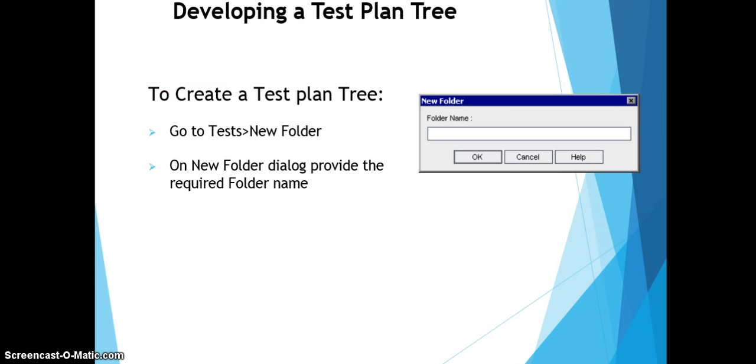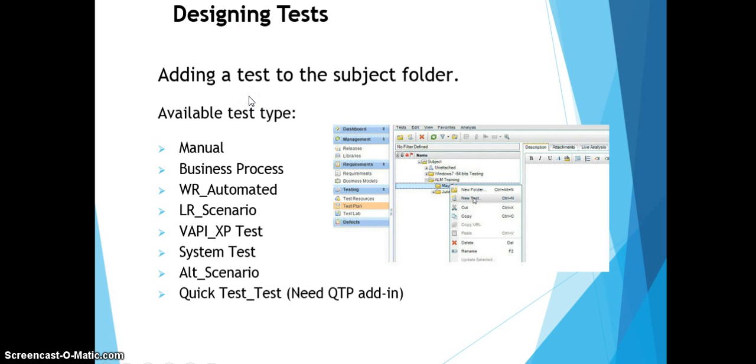I will show this to you on Quality Center as well. I'm just taking you through the process before I show that in Quality Center, right? And you can add all these types of tests in Quality Center, which is manual, business process, automated, system test, etc. Right now our focus is manual test, because we're doing only manual test case creation.